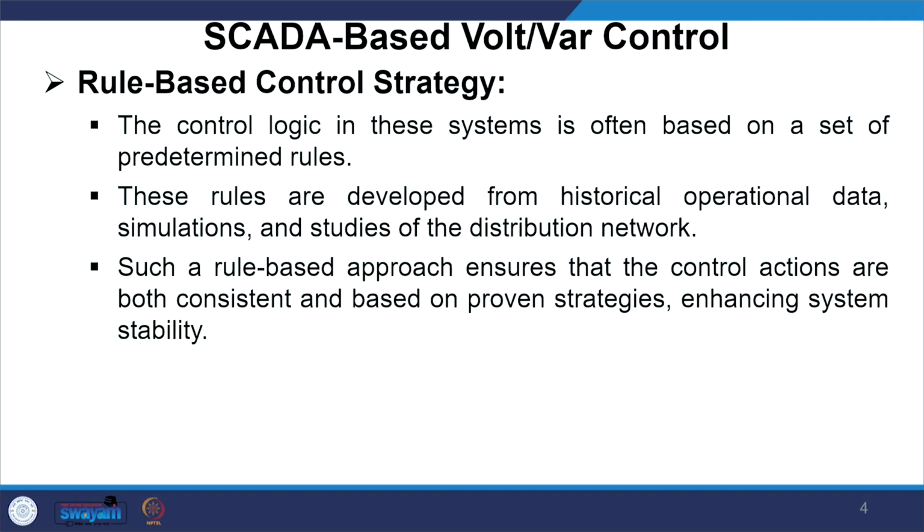These rules are developed from historical operation data, simulations, and studies of the distribution network. Such a rule-based approach ensures that the control actions are both consistent and based on proven strategies, enhancing system stability.